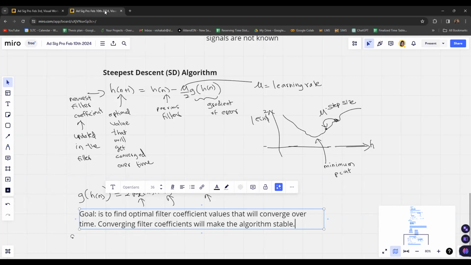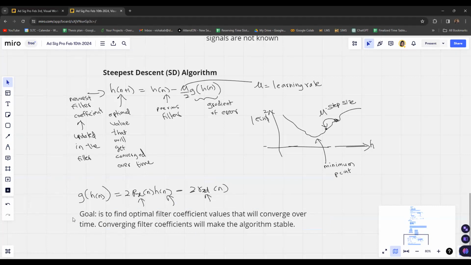It is also advised to keep the mu values as small as possible, such that the minimum point is not lost. So we have to make sure that that point is also remembered.